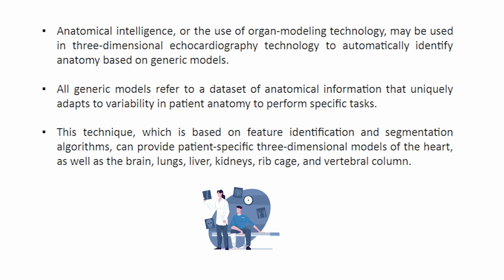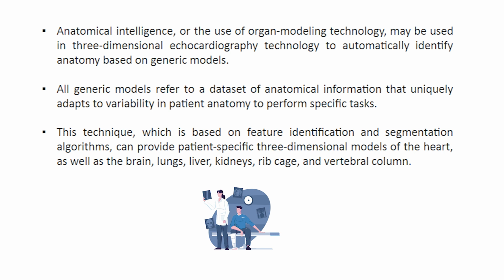Anatomical intelligence, or the use of organ modeling technology, may be used in three-dimensional echocardiography technology to automatically identify anatomy based on generic models. Generic models refer to a data set of anatomical information that uniquely adapts to variability in patient anatomy to perform a specific task.